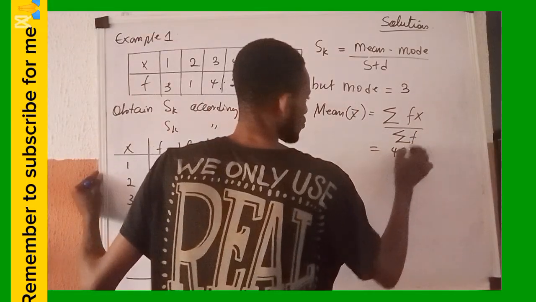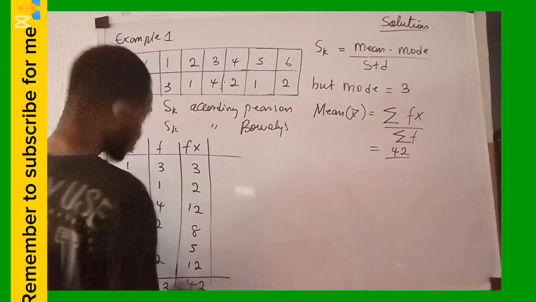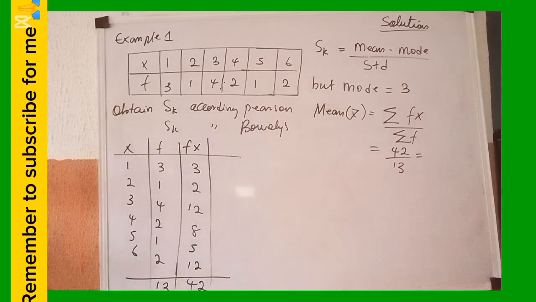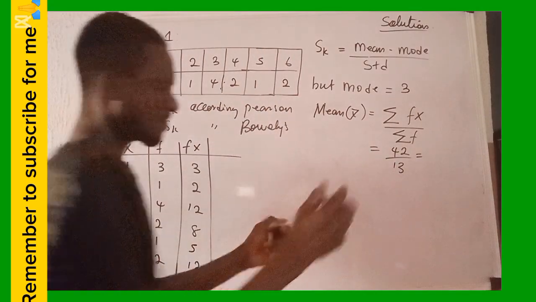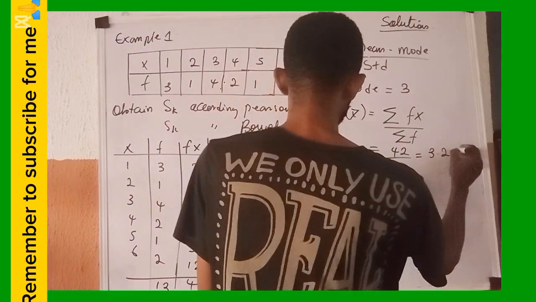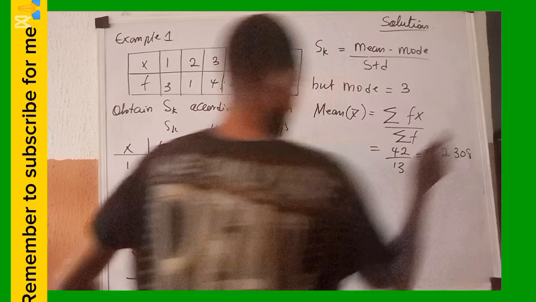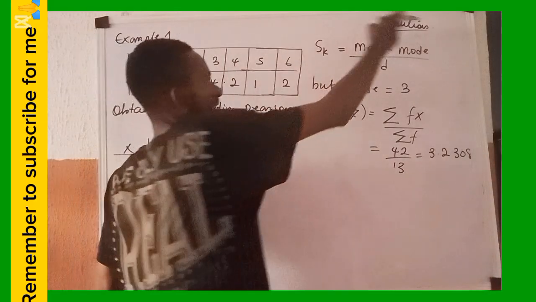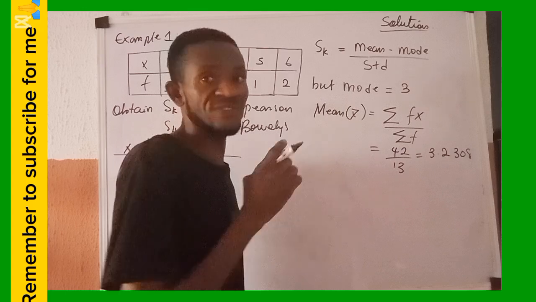I have 42 all over, then sum of f is 13. And what I had earlier when I divided this was 3.2308. This was the value. I have gotten this, I have gotten this, I have to get this.